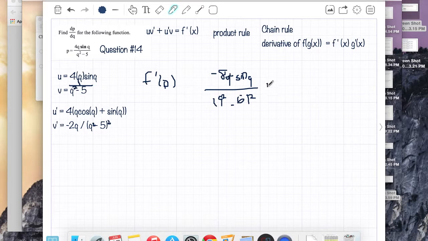Second part, we're going to take the u prime times v and add it together. So u prime equals 4q cosine q plus 4 sine of q.